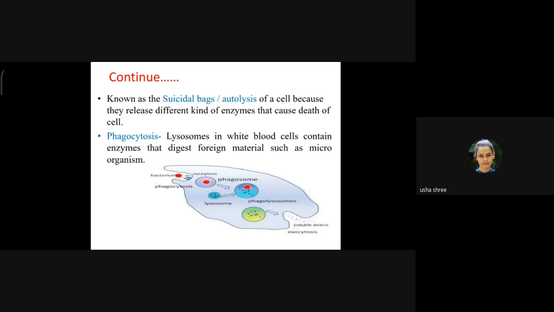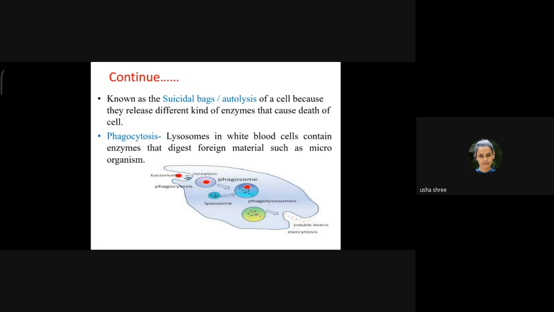So in white blood cells, lysosomes contain enzymes that digest foreign material such as microorganisms. So just imagine some microorganisms like viral fever. If in your society viral fever is spreading too much, so that virus enters your body too.